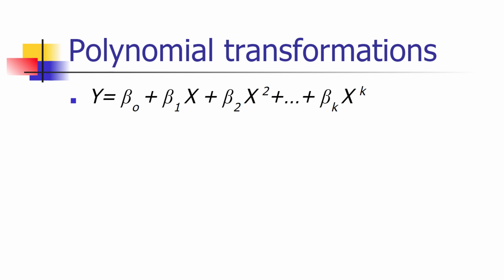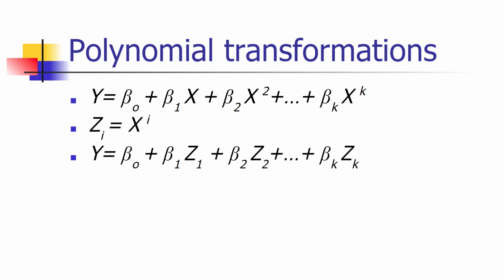The basic principle of the polynomial transformation is that we use z_i equal to x to the i. So all we need to do is replace each of those powers of x with a new variable z that's defined to be that power of x. While the original relationship is a nonlinear function between y and a single variable x, this transformed relationship is a linear function of these transformed variables.